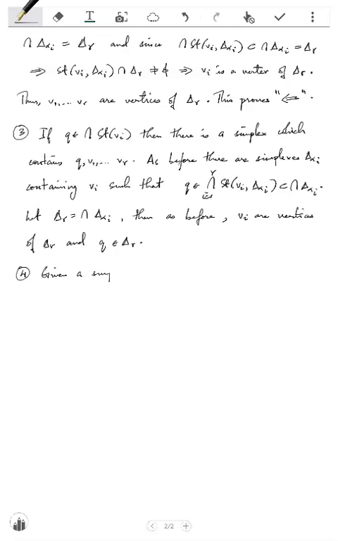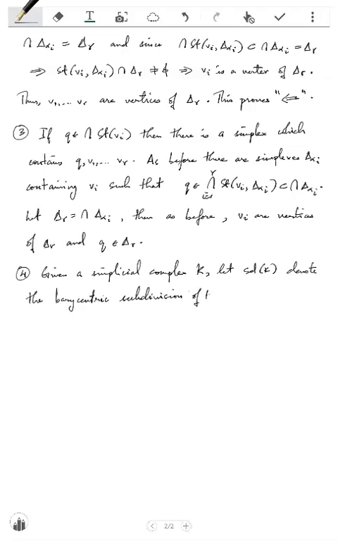Given a simplicial complex K, let SK denote the barycentric subdivision of K. We leave it to the reader to define the barycentric subdivision.